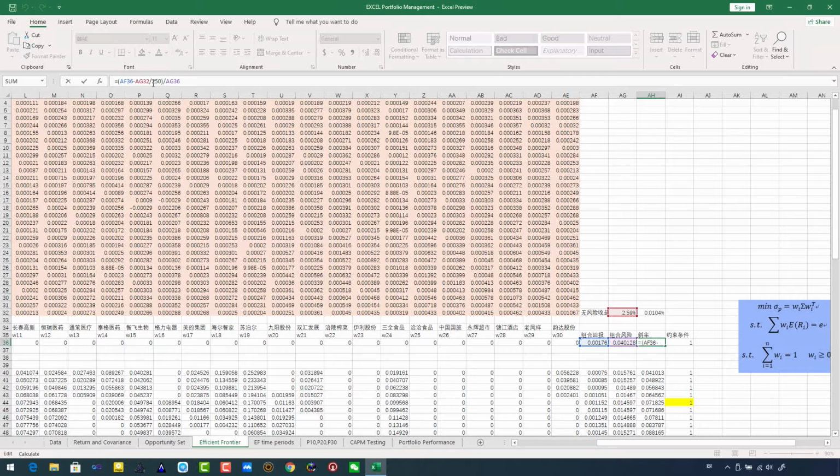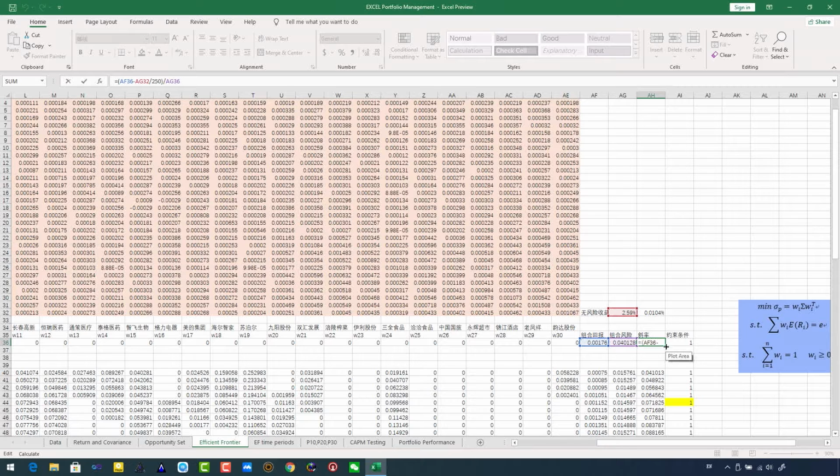The reason I have over 250 is because this risk-free rate is the annual rate, and I just divide by 250 to calculate the daily rate, and then we divide the total by the portfolio risk. So that's the slope for your capital allocation line.